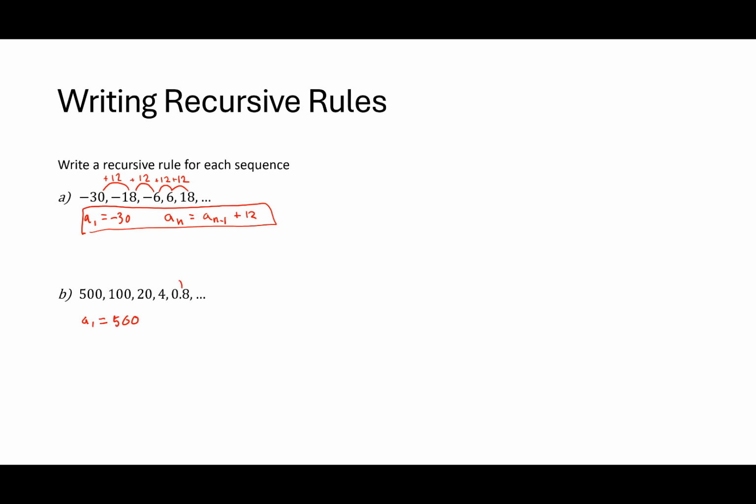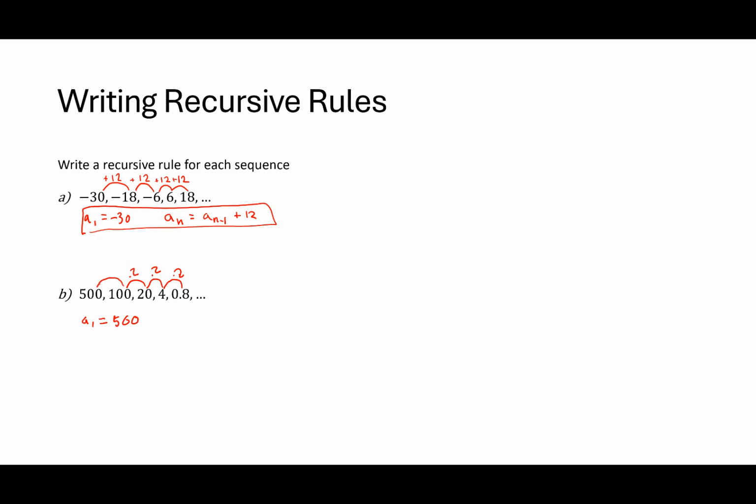Okay, let's try a division rather than minus. So 0.8 divided by 4 is going to be 1/5, or 0.2. Okay, 4 divided by 20. And in fact, we can just use the decimal. 0.2. 20 divided by 100, 0.2.